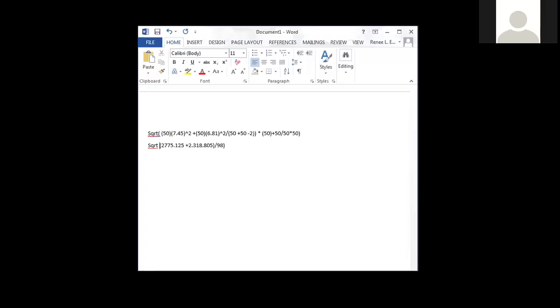Everything kind of reduces down to that. Then you have this term, 50 plus 50 is 100. So I still have that multiplied by 100 divided by 50 times 50, which is 2,500.